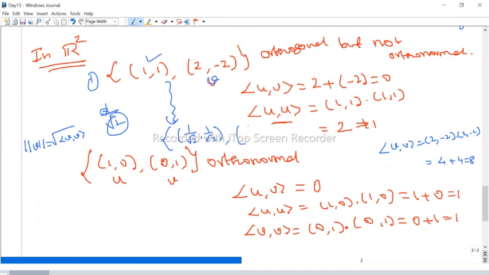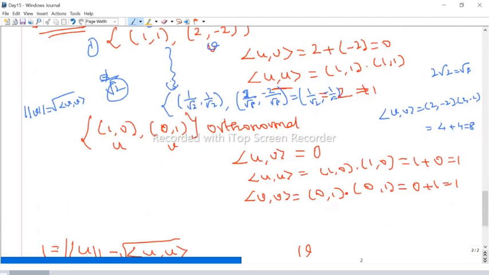So take the square root. Therefore 2 by square root of 8 comma minus 2 by square root of 8. You can split the square root of 8 into 2 into root 2. Therefore we can cancel 2. Therefore this is nothing but 1 by root 2 comma minus 1 by root 2. Same thing we will get.